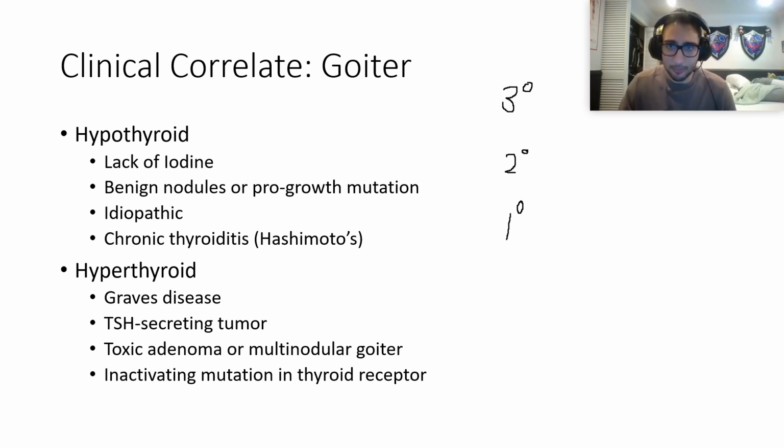In primary hyperthyroidism, the primary organ of synthesis is what's affected, so the thyroid. Okay, that's primary hyperthyroidism, and you have excessive thyroid hormone being made. In secondary hyperthyroidism, it's the pituitary that's sort of out of control, and it's making excessive TSH.